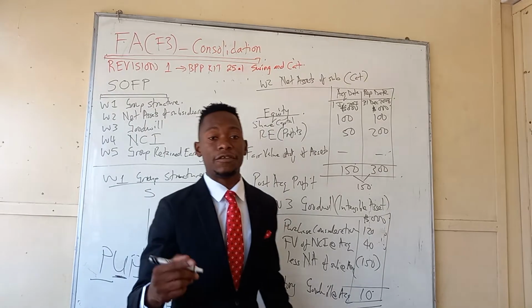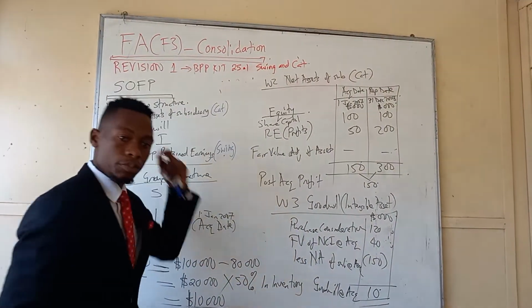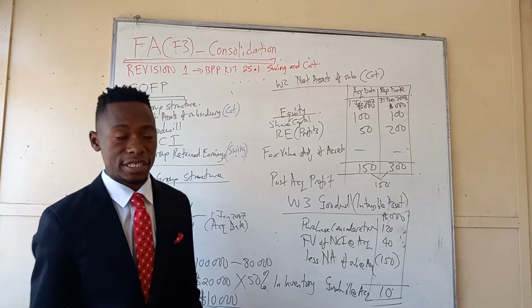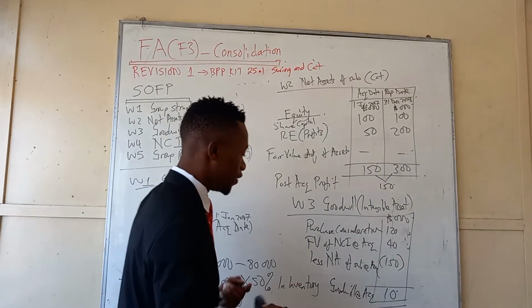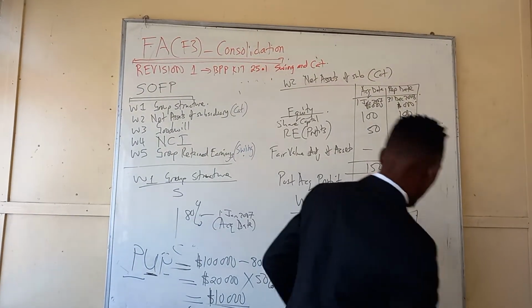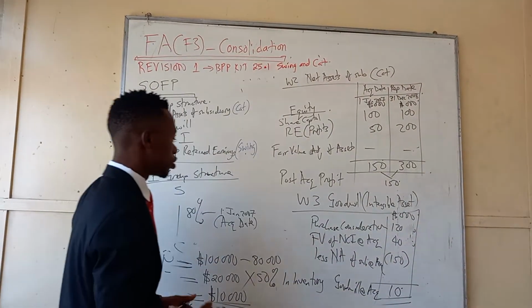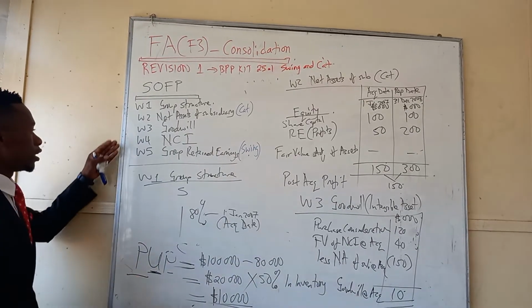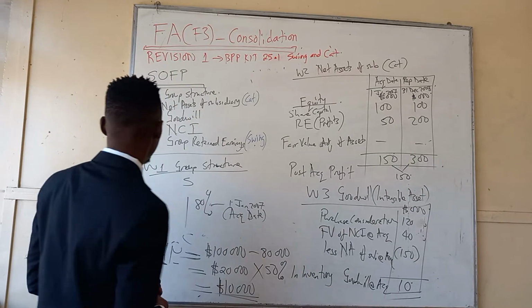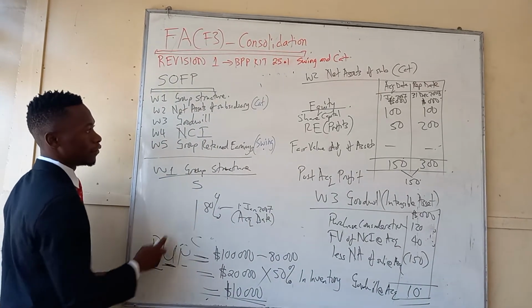When you are doing the advanced module, probably you'll be given an impairment. They will tell you that your goodwill at the reporting date needs to be impaired. So if there is any impairment loss, you reduce your goodwill with the impairment, then you get the goodwill at the date of the reporting. Right, then the last thing, move on to working 4 and working 5.